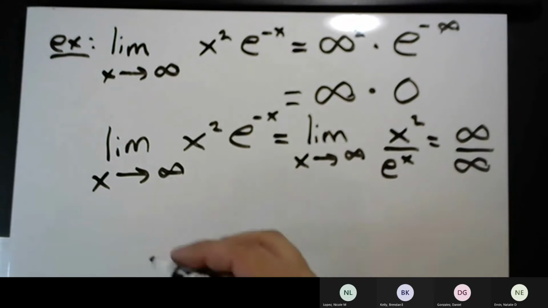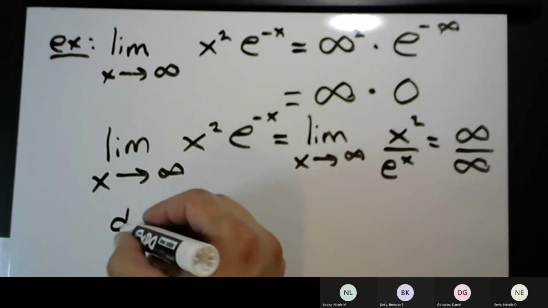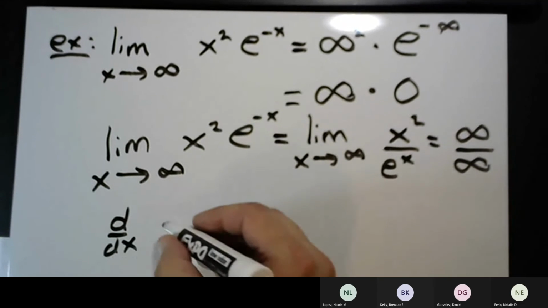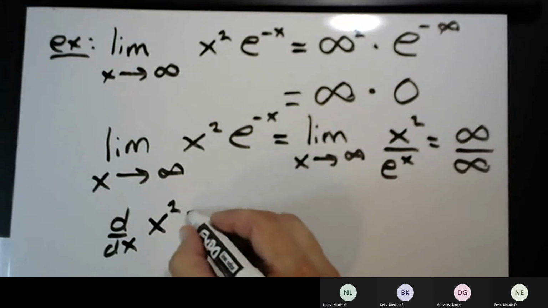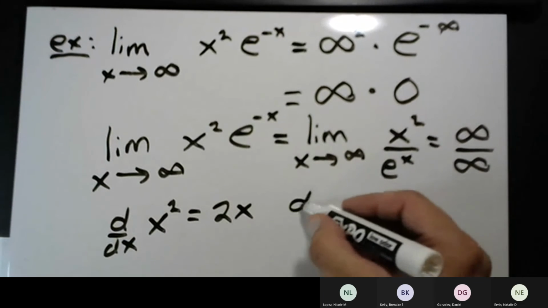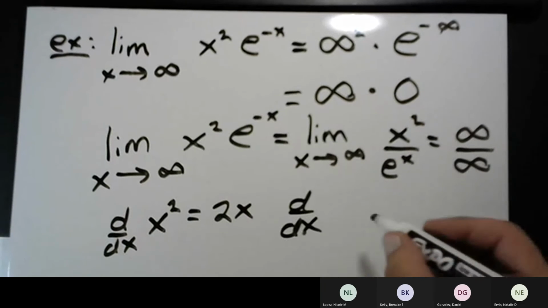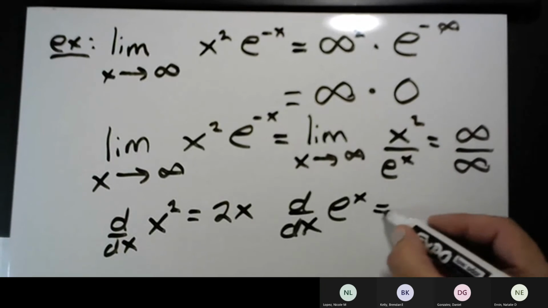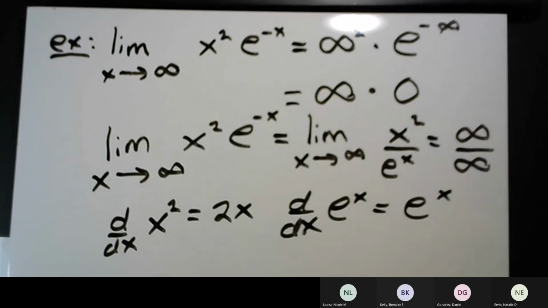So now we're free to use it. So we take the derivative of that numerator, x squared. We get 2x. Take the derivative of the denominator. We get e to the x.